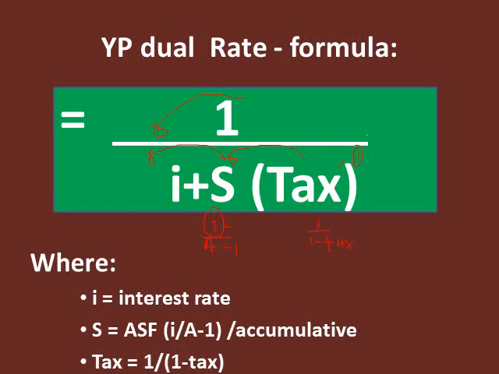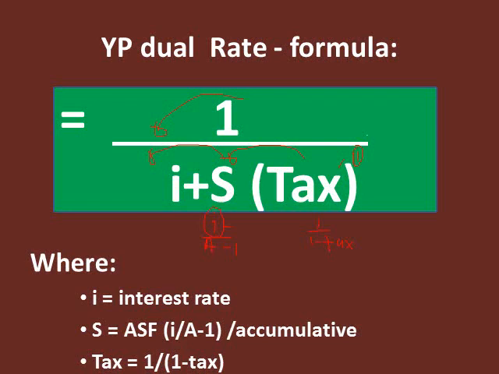The formula for tax is 1 over 1 minus tax. This is the first thing that you need to do. Then times with the S. So the result of the tax, you need to times with S. S is the annual sinking fund, so the formula is I over A minus 1.